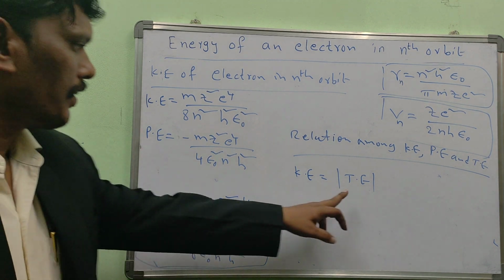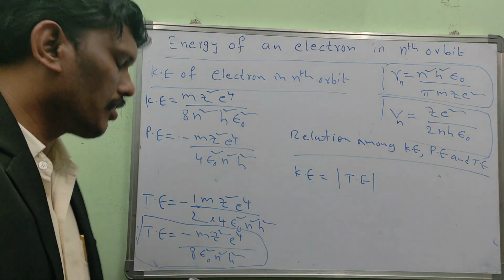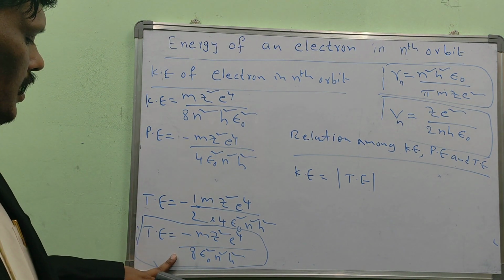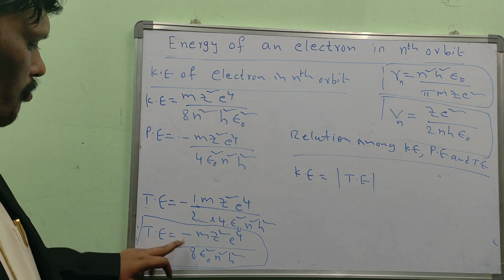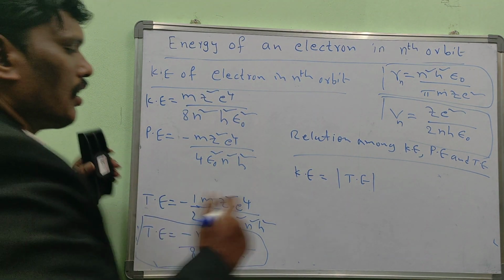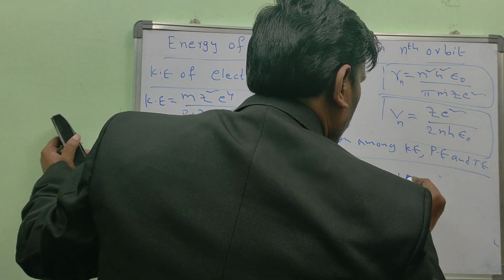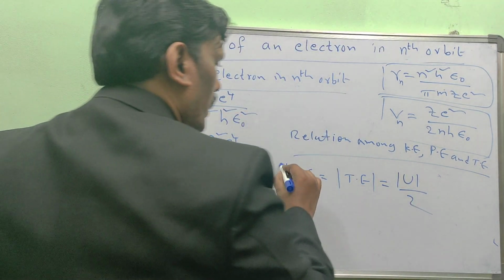Why I put a modulus: kinetic energy is always positive, total energy is negative, but their magnitudes are the same. That's why I write kinetic energy is equal to the magnitude of total energy. And the magnitude of the potential energy by 2 is equal to kinetic energy.